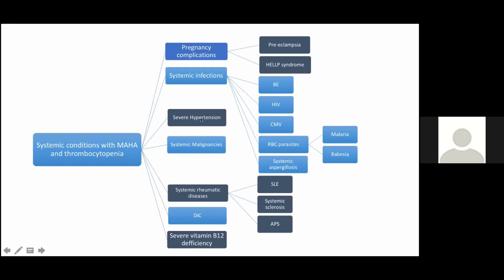Severe hypertension, of course, can cause microangiopathy and thrombosis, as can systemic malignancies and systemic rheumatic diseases, mainly SLE, systemic sclerosis, and antiphospholipid syndrome, due to endothelial damage and non-immune thrombosis. And DIC and severe vitamin B12 deficiency are systemic conditions which can present like primary thrombotic microangiopathies.